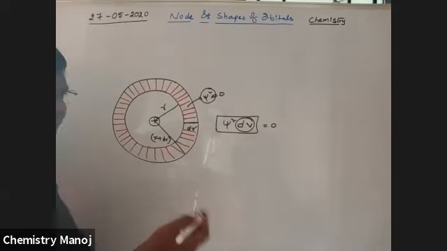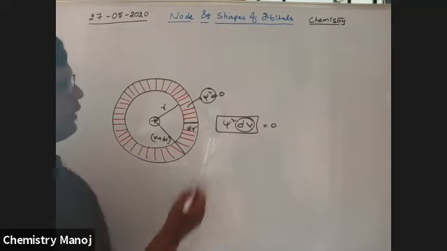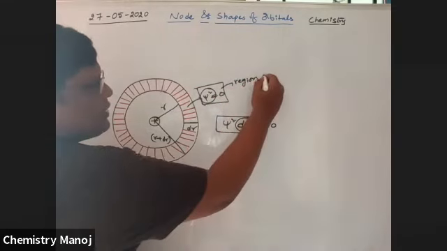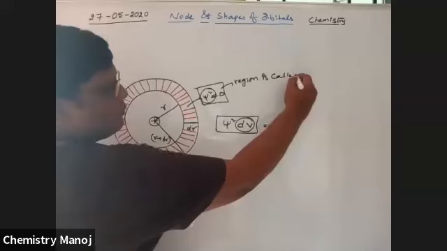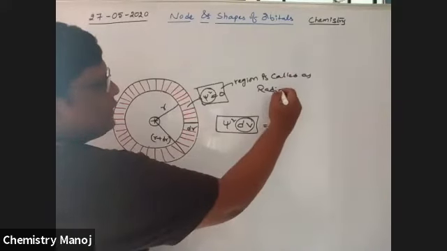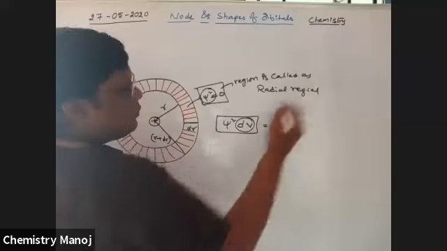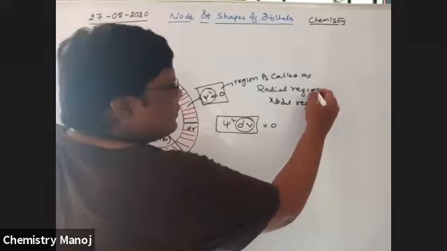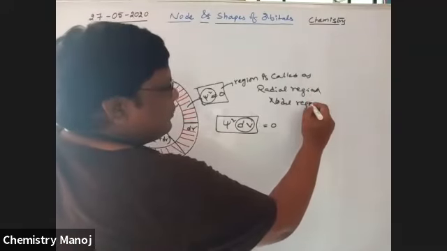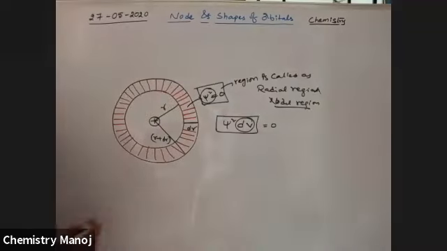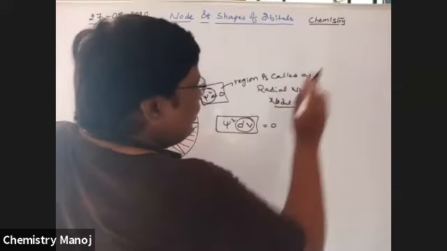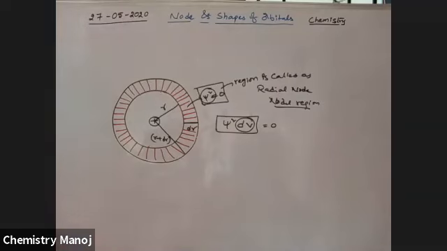So around the atom in three-dimensional space, this particular region is called the radial node, or nodal region. This is the way to find out radial nodes.